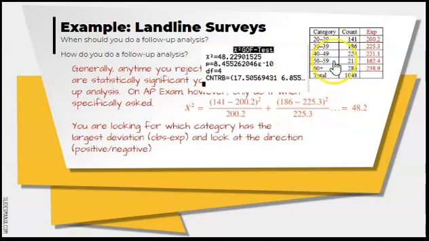And for the third category down, I can scroll through this with the right arrow on my calculator and see all of them. So this is what I saw in my calculator. This is what the third category contributed, this is what the fourth category contributed, and then the fifth. I look at which category contributed the most, and then looking at the counts, was it negative or positive?